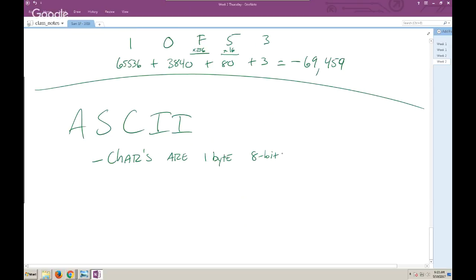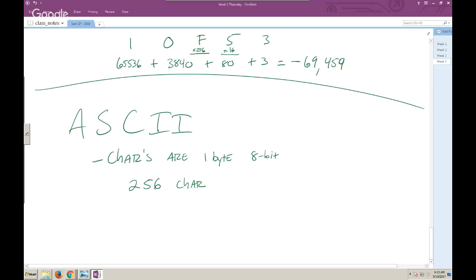So what does that tell you about the limitations of ASCII? We start thinking about whys now, right? We know it's 8 bits. What does that tell you about it? We are limited to a maximum value of 255, which means there are how many options? 256 options, right? Because remember, the number of things we can always represent is the limit plus 1 because of 0. So we have 256 characters.